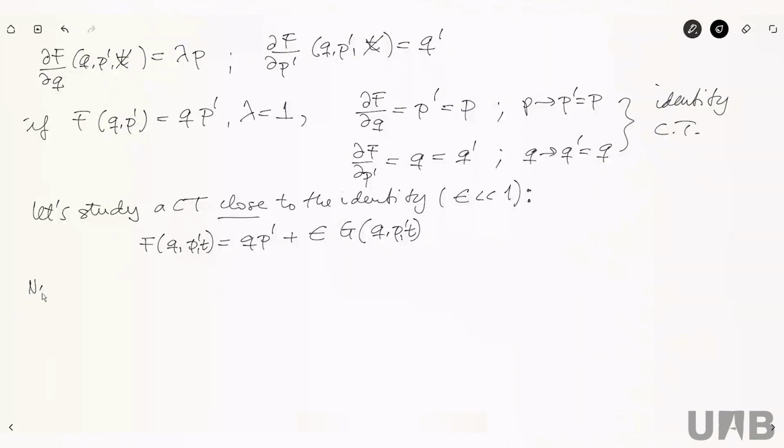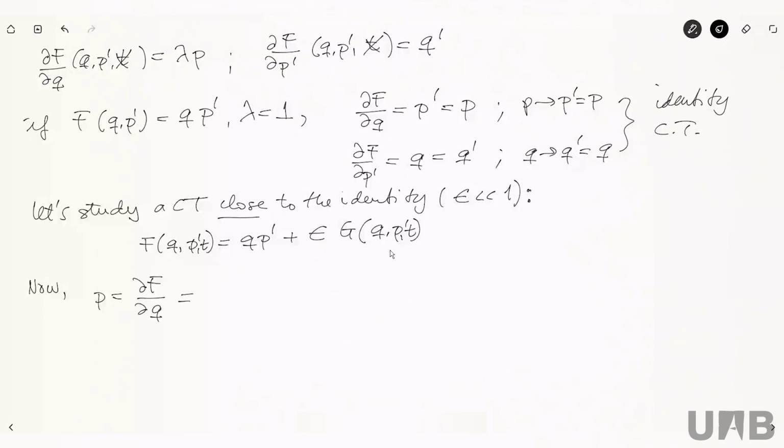So now, since there is this g here, things change a little bit, right? So this is going to be partial of f with respect to q, right? So this partial of f with respect to q is p.